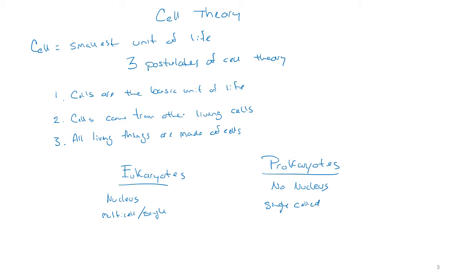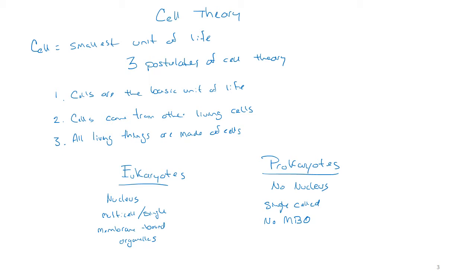Also, eukaryotes have these things called membrane-bound organelles, whereas prokaryotes have no membrane-bound organelles. I'm going to shorthand it there because I'm lazy, but those are the main differences between eukaryotes and prokaryotes.